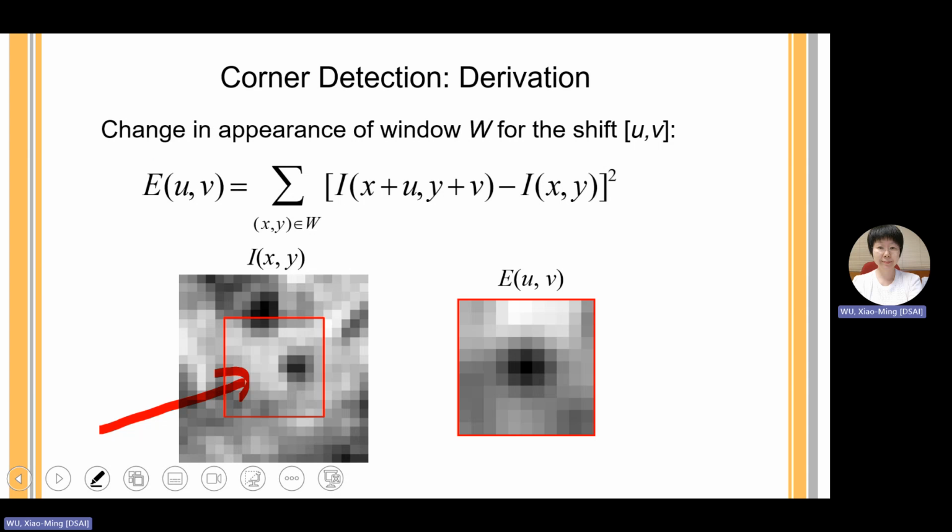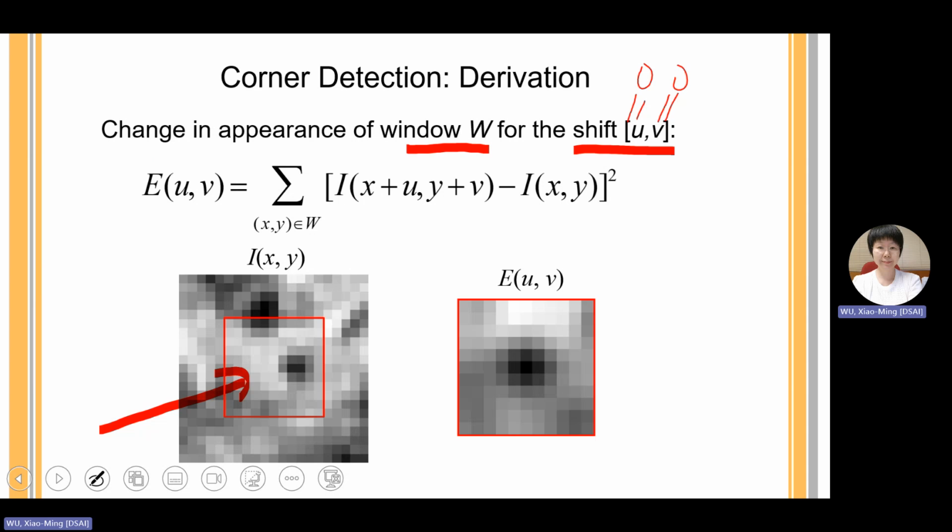We quantify the changes by, let's say, moving the window by some small amount represented by u and v. U and v form a vector. If u is 0 and v is also 0, then there's no shift.